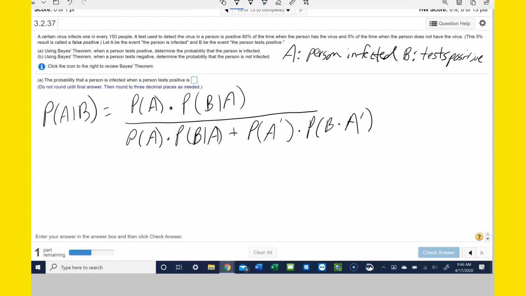So let's see if I can identify some of these probabilities already. The probability of A, the probability that a person is infected, is equal to, my particular problem says, 1 out of every 150 people. So 1 out of 150. Alright.